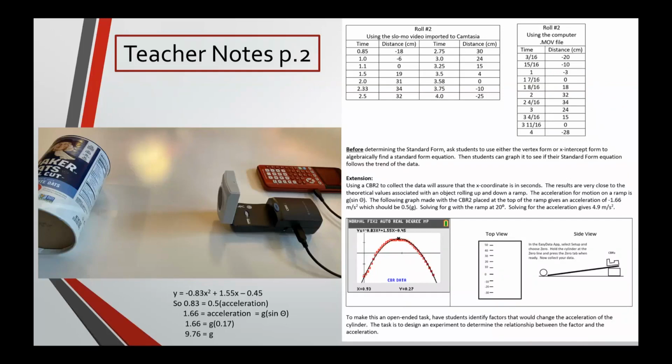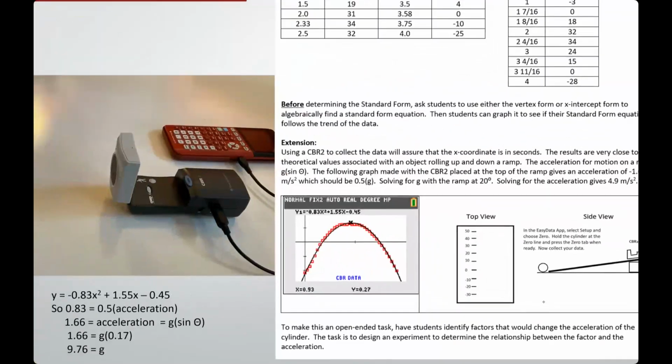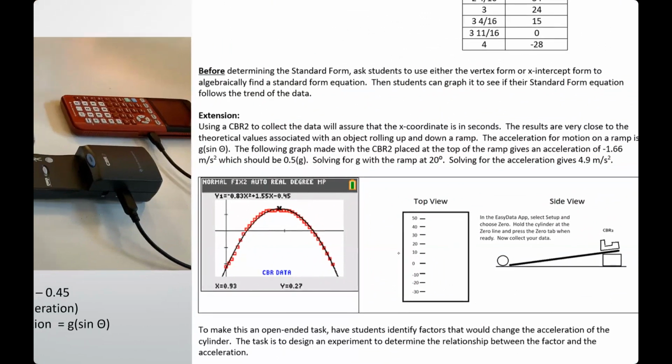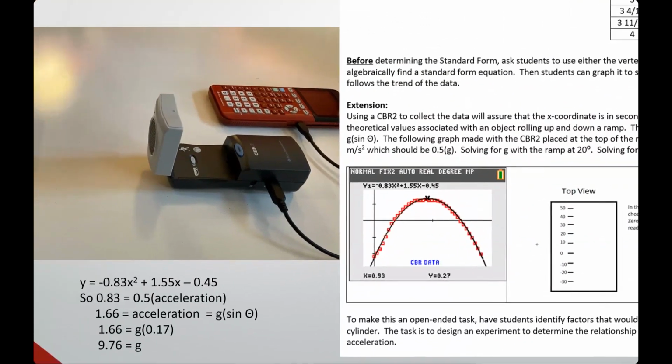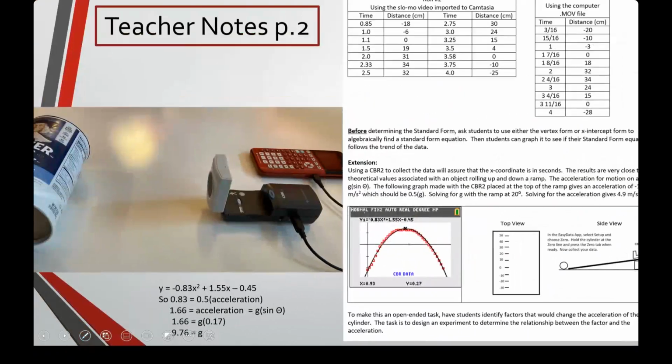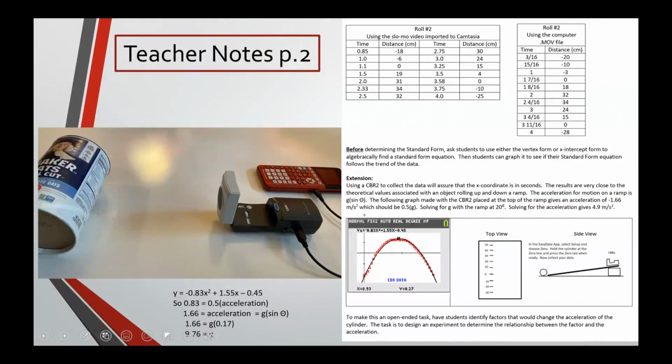But notice that the CBR is on top of the ramp pointing down to the cylinder. And you need to zero out the CBR before you gather data. And that's a simple process. It's very simple on easy data.